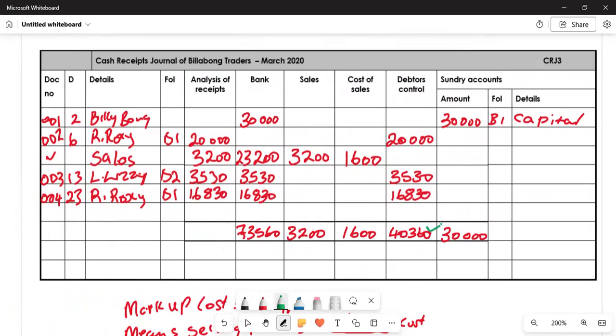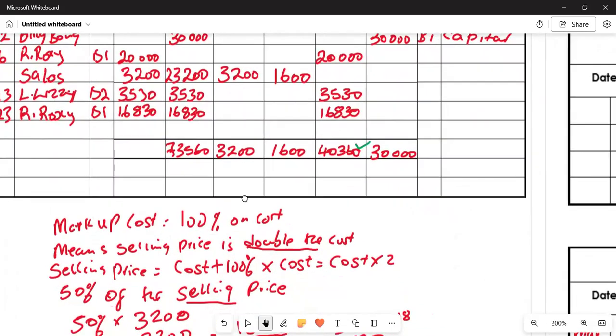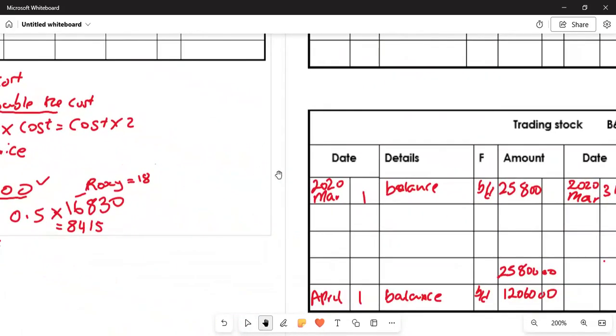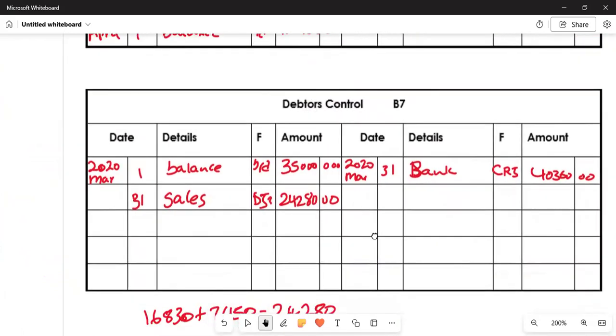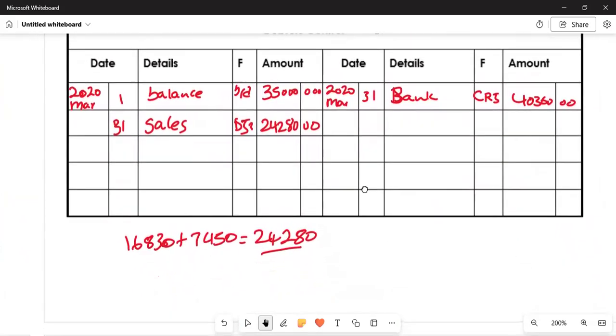This is 40,360. That is the total amount for our debtors. So we are going to write it on the credit side. So that is where we get 40,360 from. It is from our cash receipts.